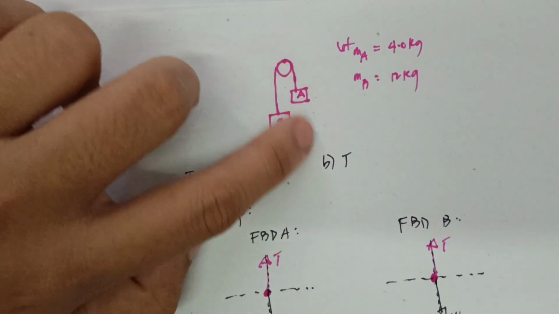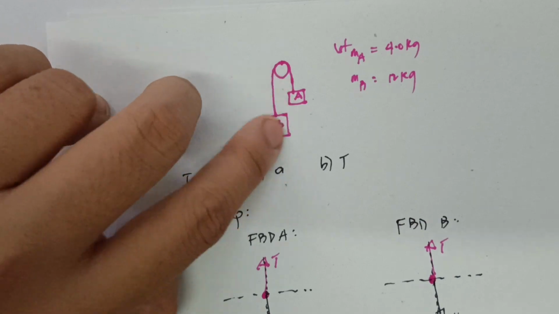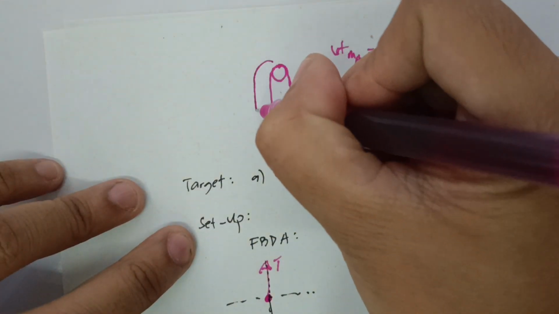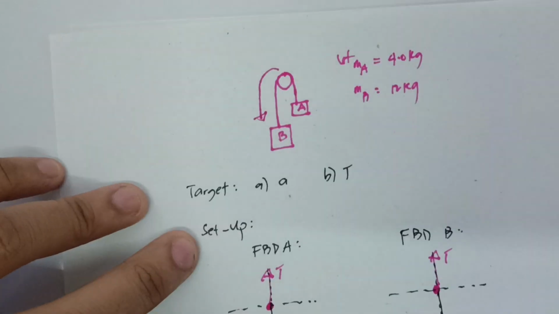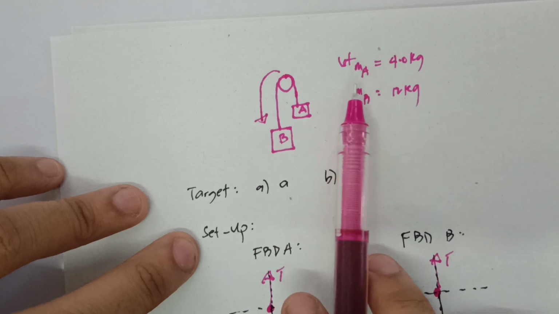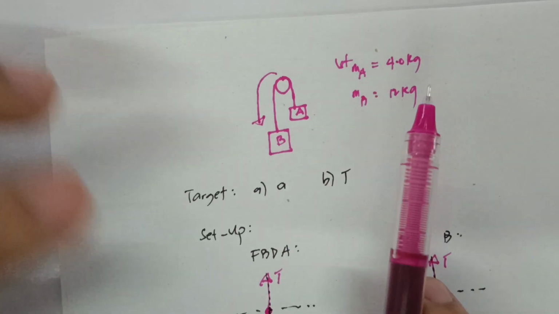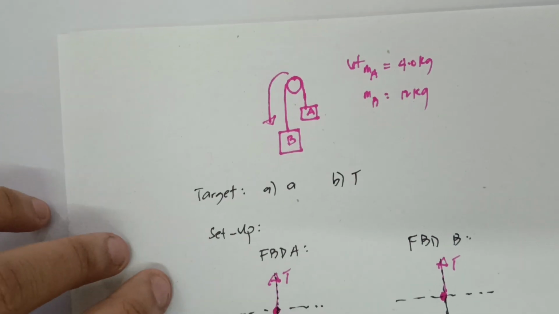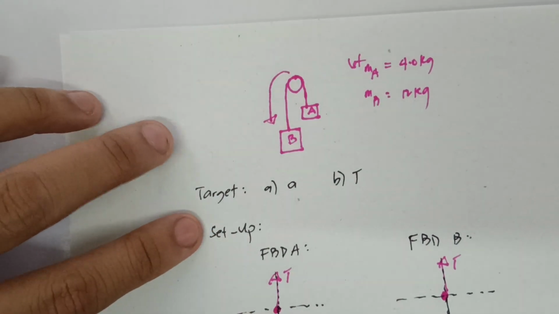mag-move ito, no? So, this two here is mag-move, no? Pababa. So, bakit siya pababa? Kasi, ang maghila sa object A is the object B, not the other way around, because object B is much heavier compared to the first object.